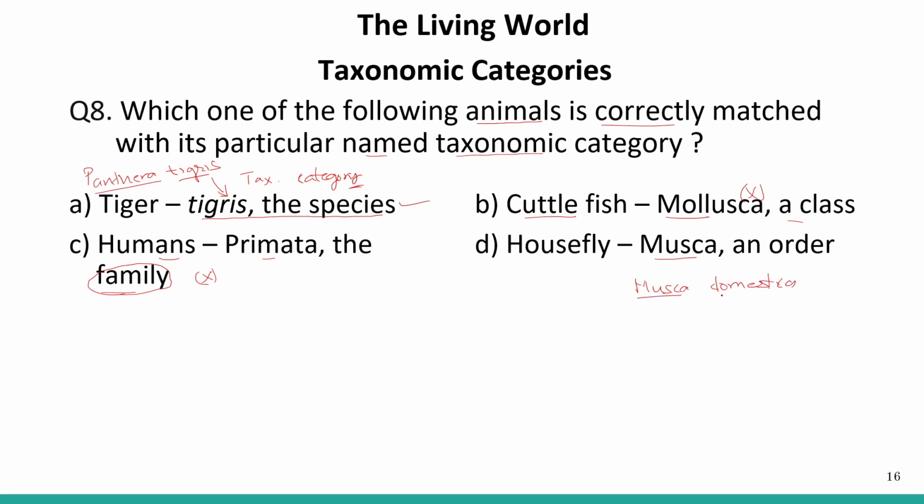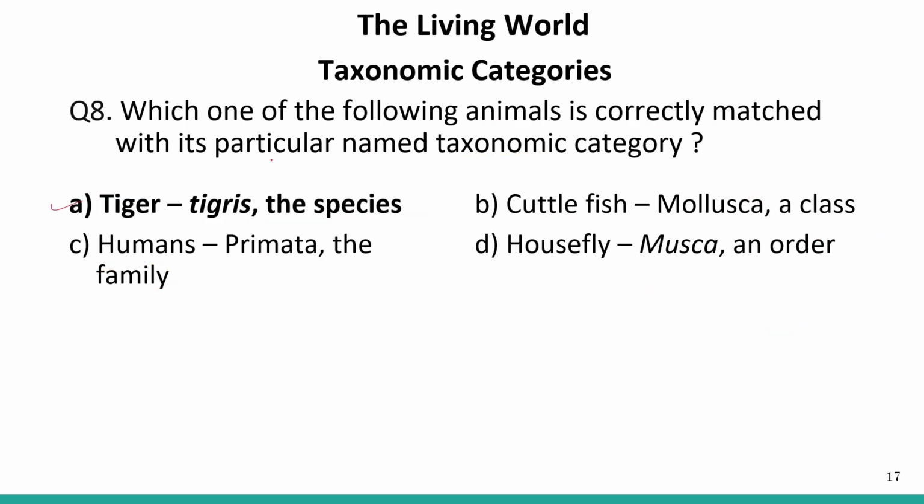So Musca is the generic name, domestica is the species name or the specific epithet. This is genus, but not order. It represents the genus, the generic name. So Musca is not an order, it is a genus. So the correct option is A.